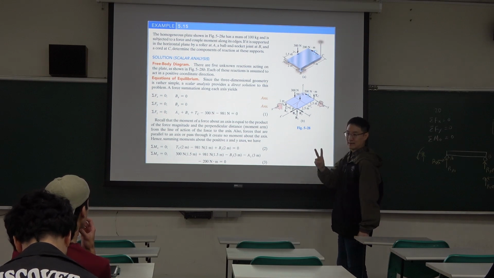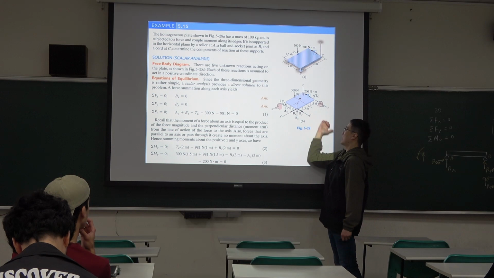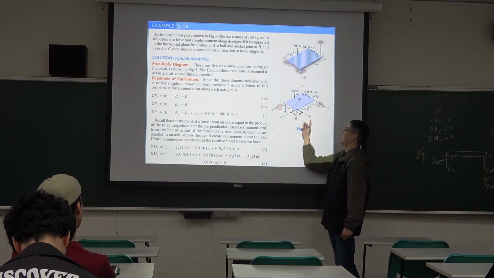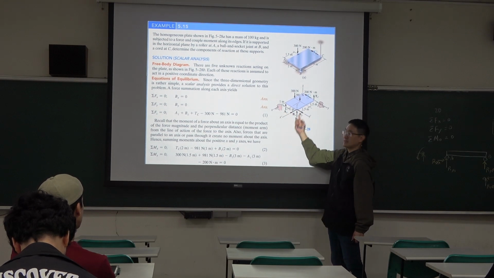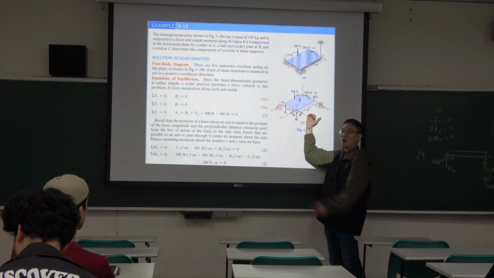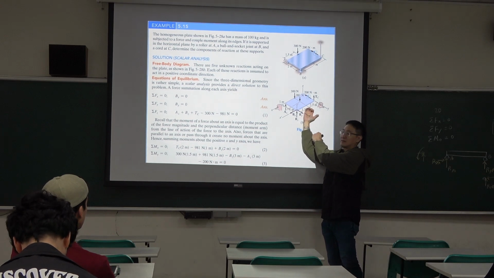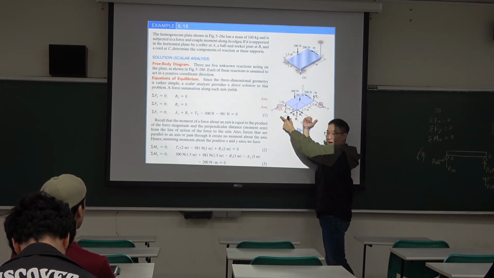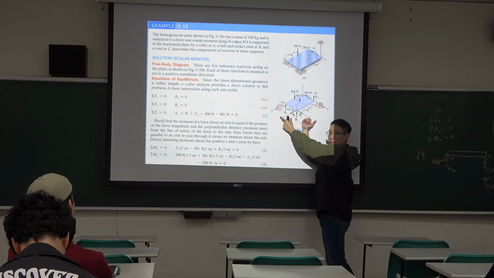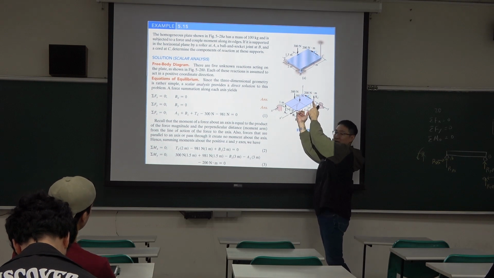If we take bending moment about Y prime, because the Az and Bz forces all pass through the axis we are taking moment about, that means we can reduce two unknowns. So we only work out Tc.